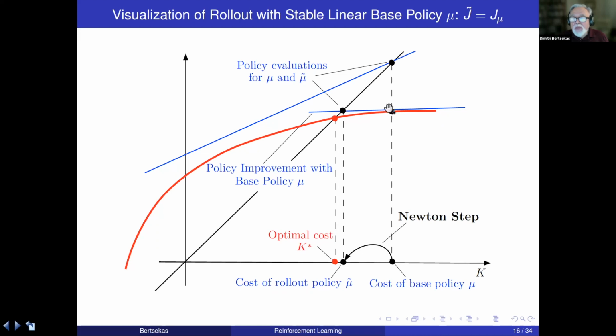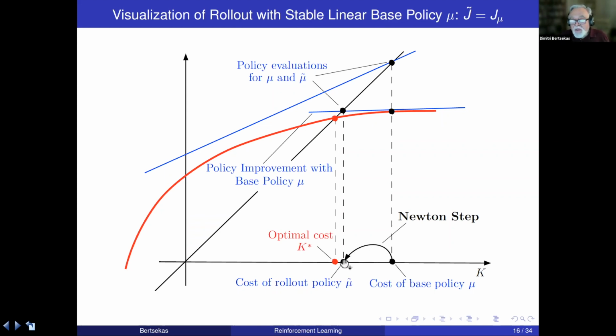And Newton's method linearizes at this point and gives you a look-ahead policy, which is what we call the rollout policy, that has cost function that is called J mu tilde. It has a linear cost coefficient L tilde, and it has a cost function which is at the end of this Newton step. So rollout with a stable linear base policy is just a Newton step from J mu to J mu tilde.